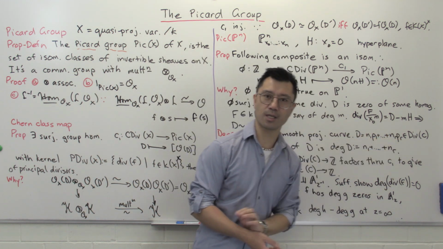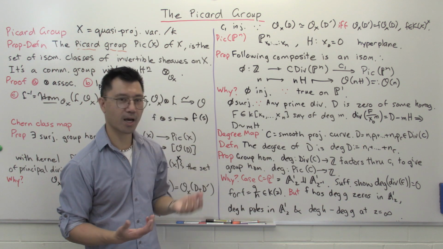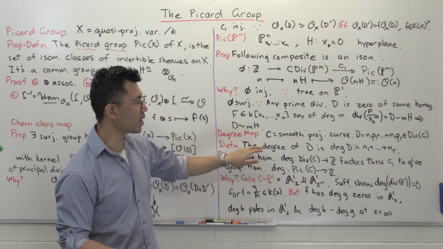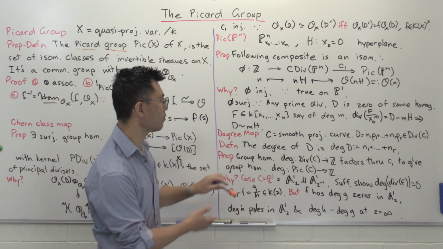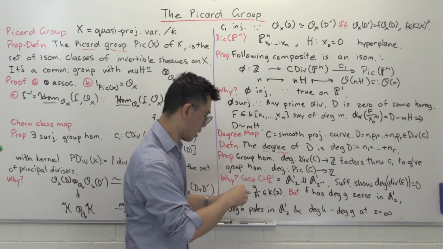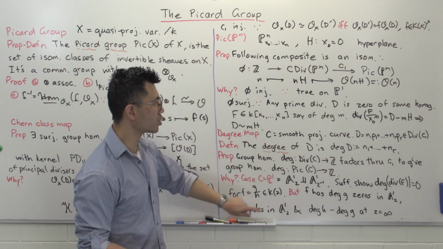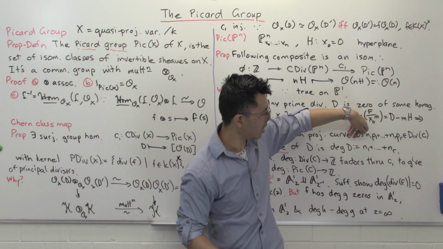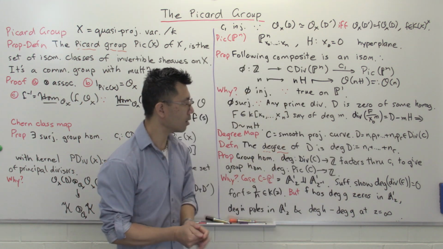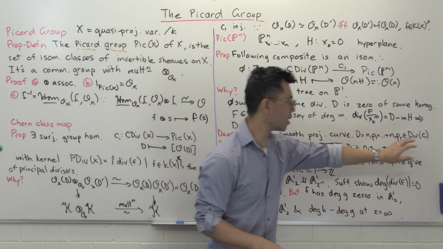That's a divisor on C. Remember, there's no distinction between Weil and Cartier divisors here. So what's the degree of D? This is the definition: the degree of D is just the sum of all the coefficients, N1 up to NR. That's kind of like the weight, if you like, of this divisor.